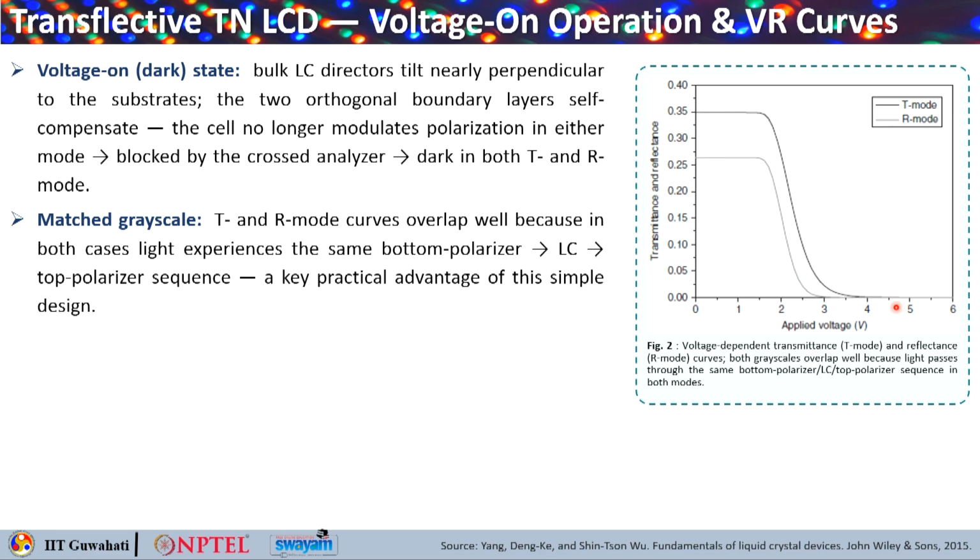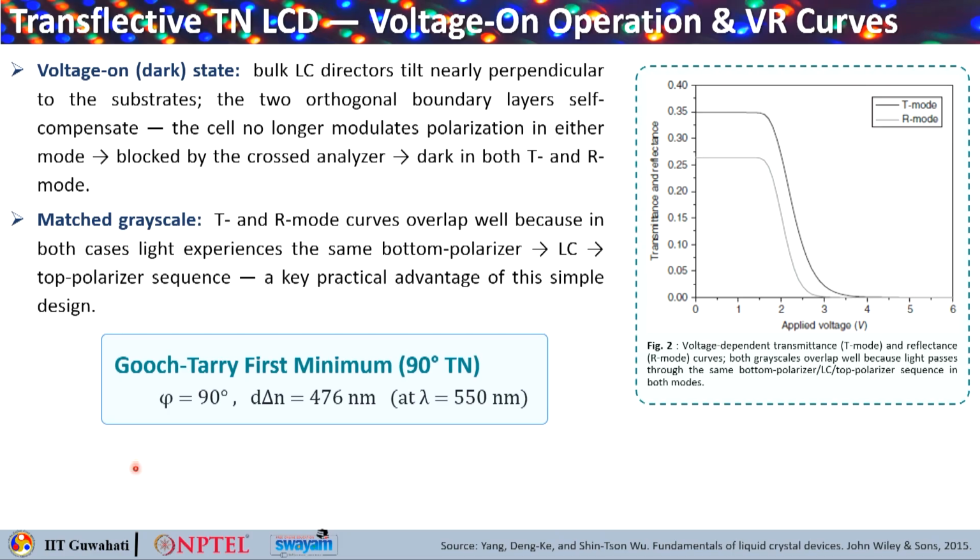So this is a very simple practical design and you are able to get no light out of it. You can see that the first minimum for this 90 degree twisted nematic happens at a particular cell gap size.